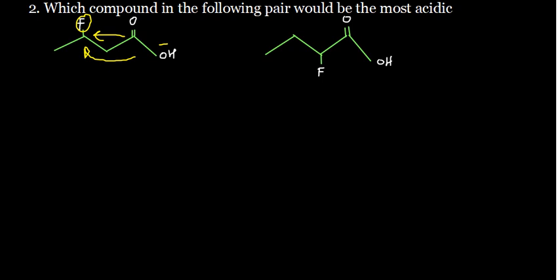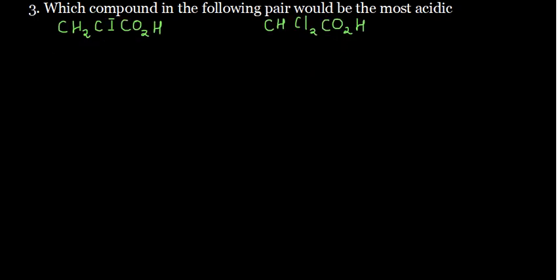When the charge is shared weakly, it means it's not going to be stabilized well. So it's going to be more stabilized in this compound than in this compound. So the charge is going to be easily dispersed in the anion that is going to be formed, because the fluorine is much closer to the functional group.